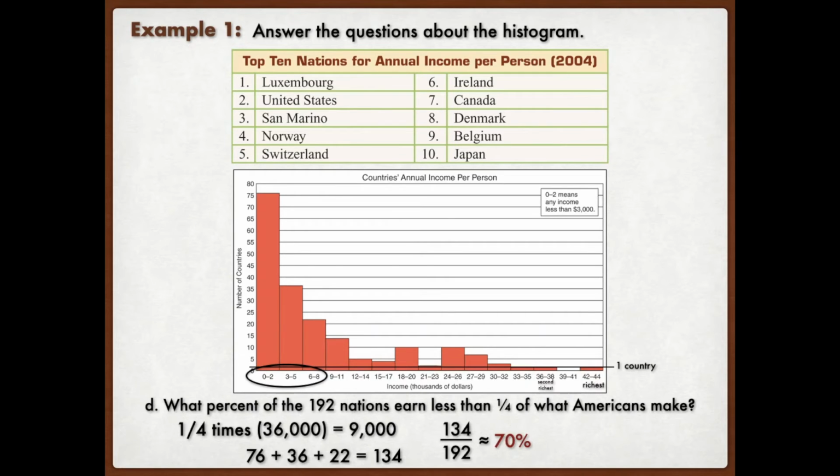That's a total of 3 intervals, 0 to 2, 3 to 5, and 6 to 8. I add those totals up. That gives me a total amount of 134. And 134 over the total nations is going to yield 0.7. And then I move the decimal place 2 places over.